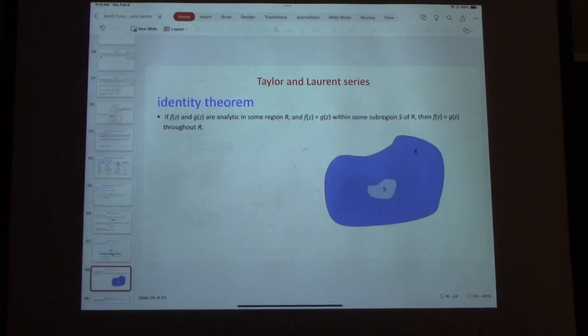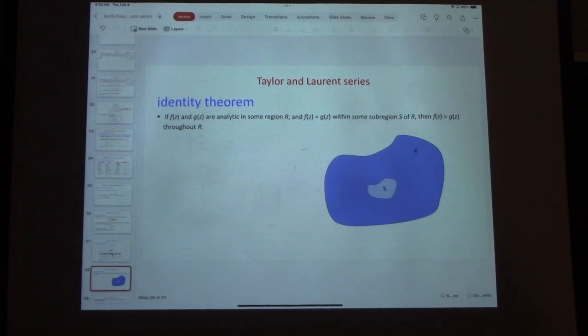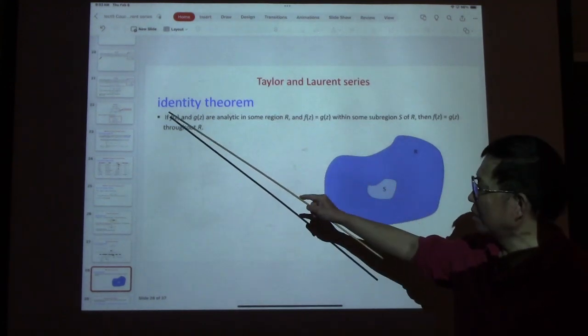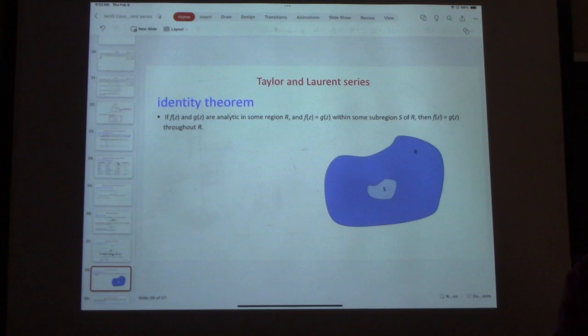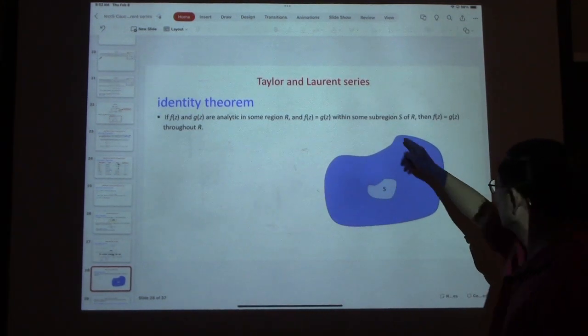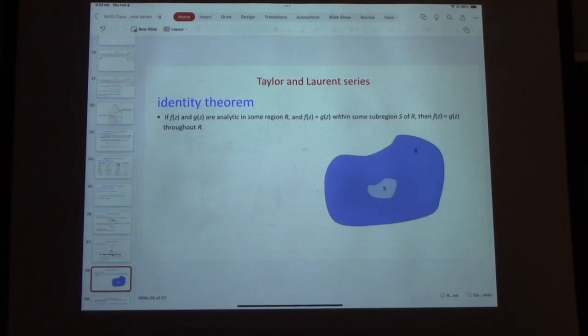And then before I move on to the Laurent series, there is also a very useful theorem. I'm not going to show the proof, just to mention how unique it is. This is saying if you have two functions, f of z and g of z, they are both analytic in the same region R, which is this dark blue thing here. So the requirement is that the two functions are analytic there.